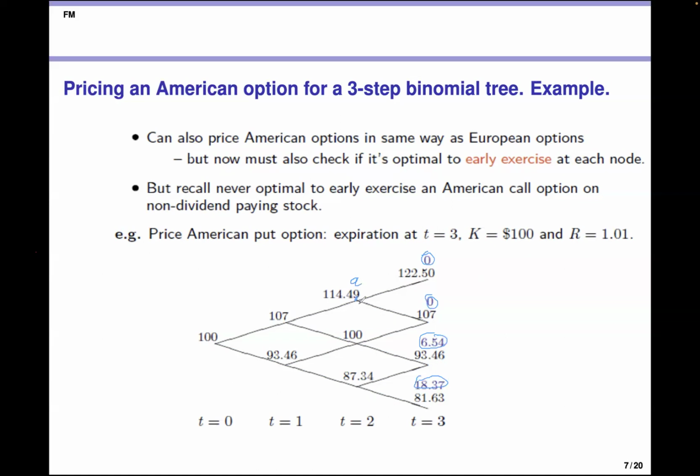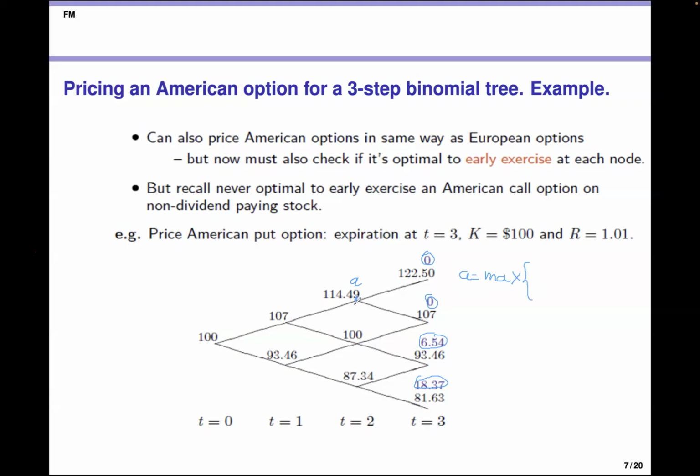We need to find out what is value A. We said that value A is the maximum between two values. The first value is the price of immediate realization.